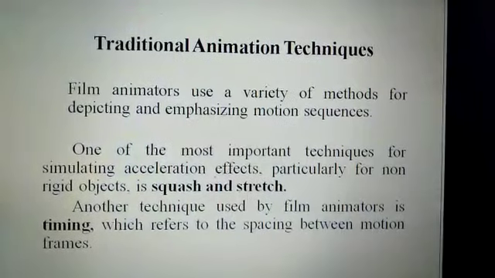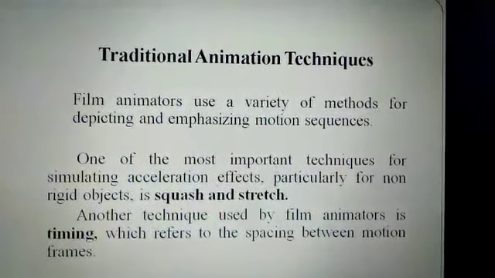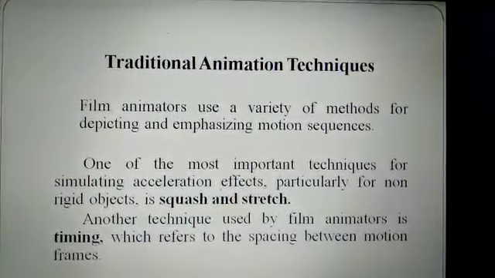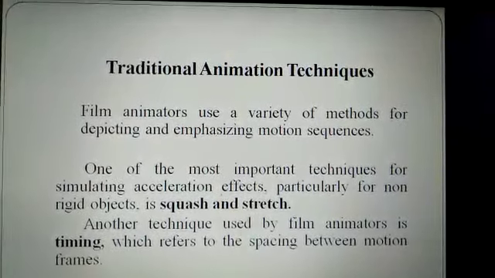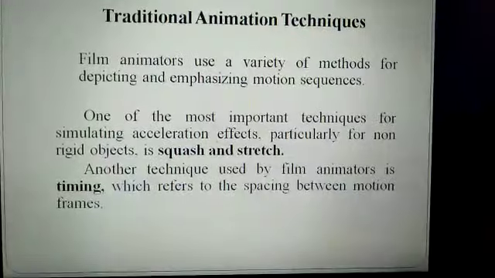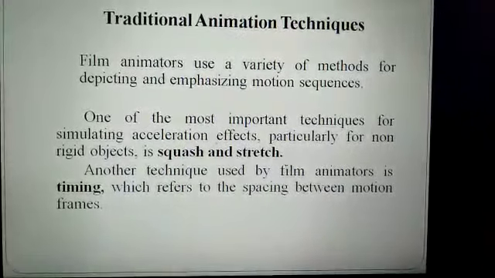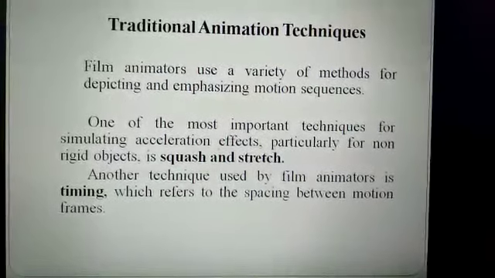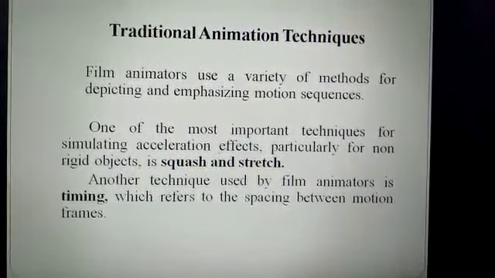Traditional animation techniques include object deformations, spacing between animation frames, motion anticipation and follow-through, and action focusing. One of the most important techniques for simulating acceleration effects is squash and stretch, where, as the ball accelerates, it begins to stretch.